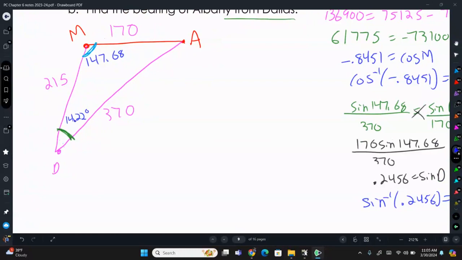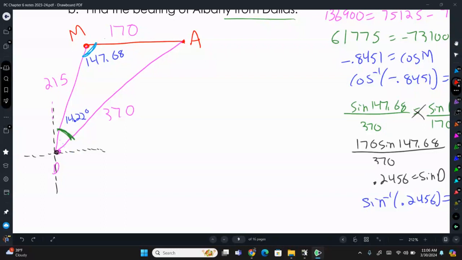Okay, so now with that, we can develop a plan on how to get these bearings. Since we're coming from Dallas, I'm going to make Dallas my origin and draw my axes through that. With our axes drawn, let's try to come up with a plan.